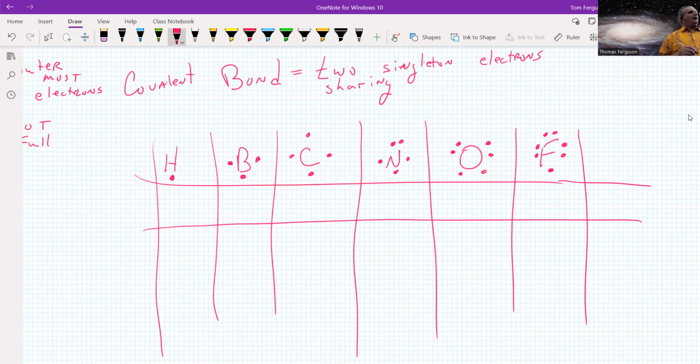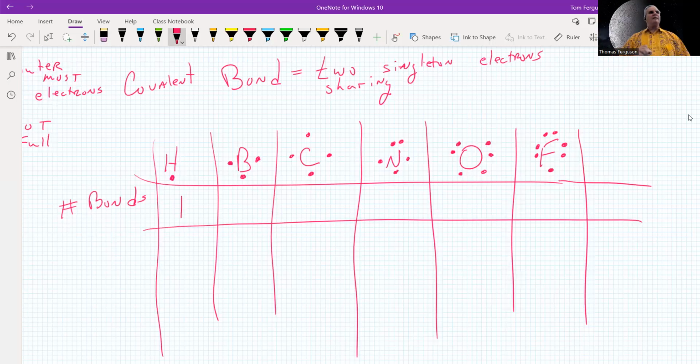Ask yourself, how many singletons does it have? 1, so it's going to make 1 bond. What about boron? 3, carbon, 4, nitrogen, 3, 2, 1. Okay.